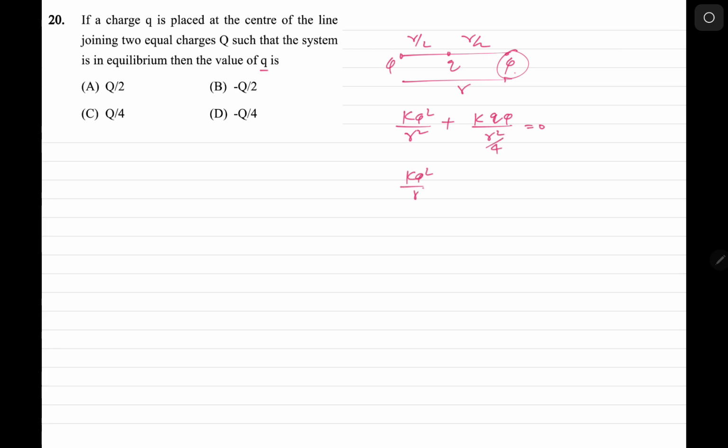Now it will become negative, minus 4KQq by R square. So small q equals minus Q by 4. So option D is correct. Move to the next question.